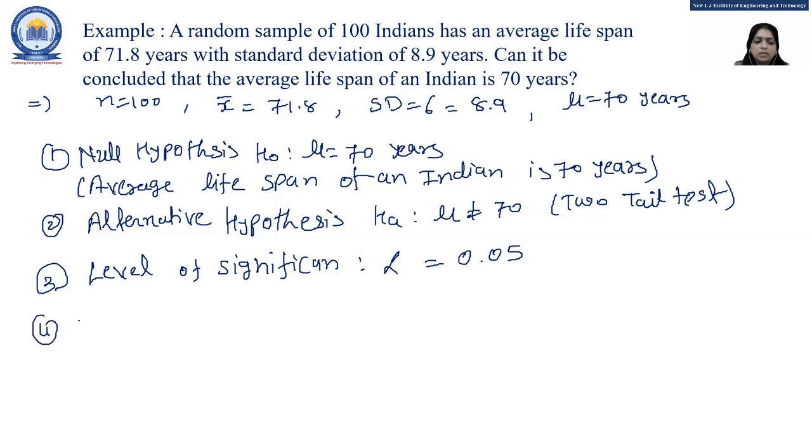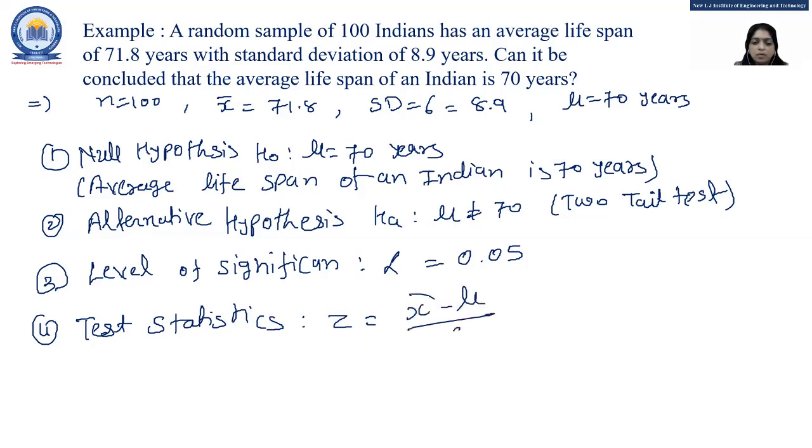Fourth one, test statistic. Formula for test statistic Z is x bar minus mu upon sigma upon root n. So what is our x bar?